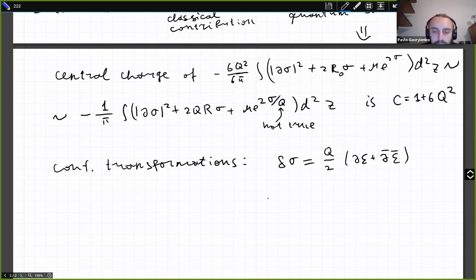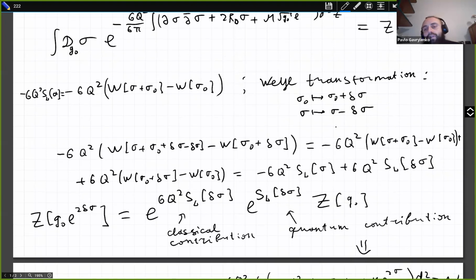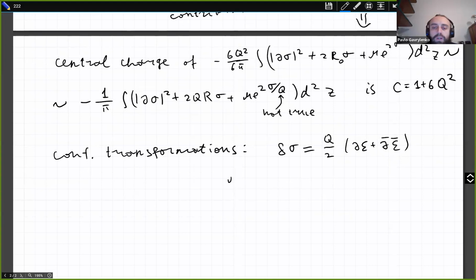So when sigma goes to sigma minus delta sigma, then e to sigma over q goes to e to sigma over q divided by d epsilon.